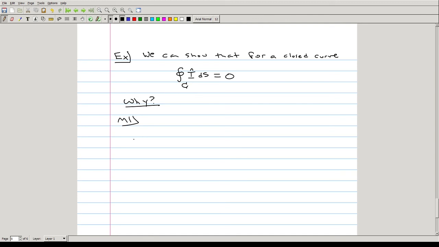The first way, remember that the closed line integral of the tangent vector to a curve is the same thing as, if you remember the definition of the tangent vector to the curve, the derivative of the position vector with respect to arc length.